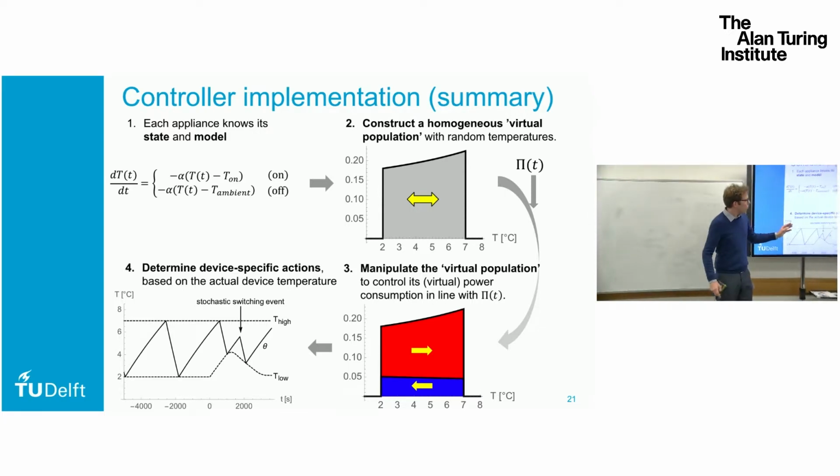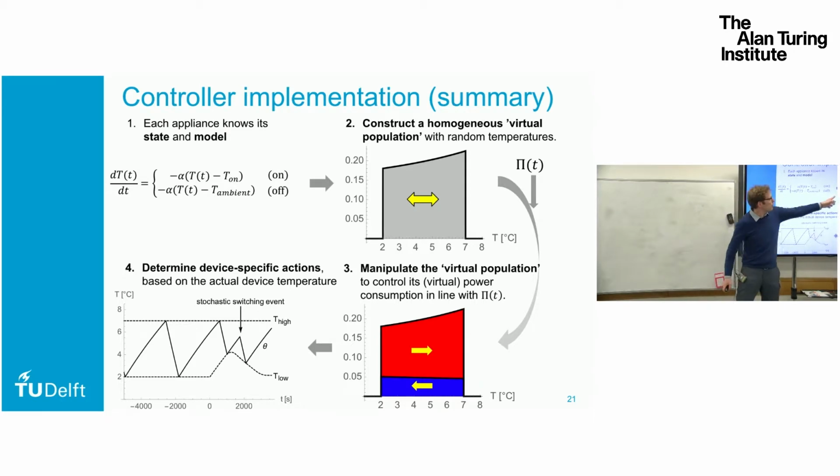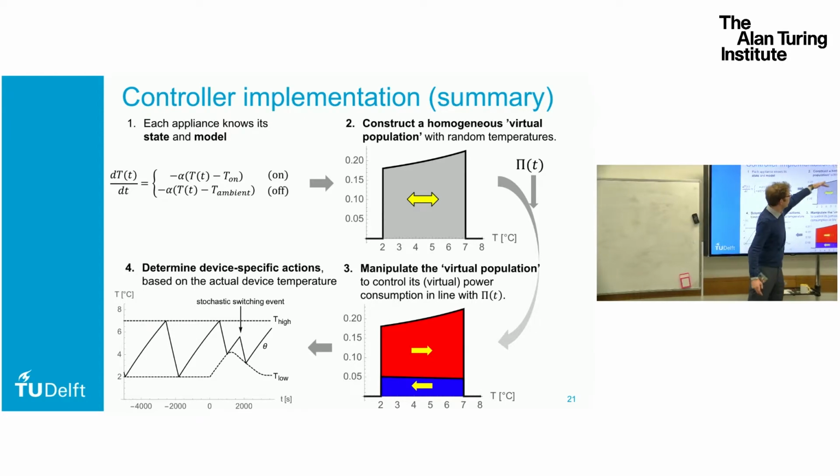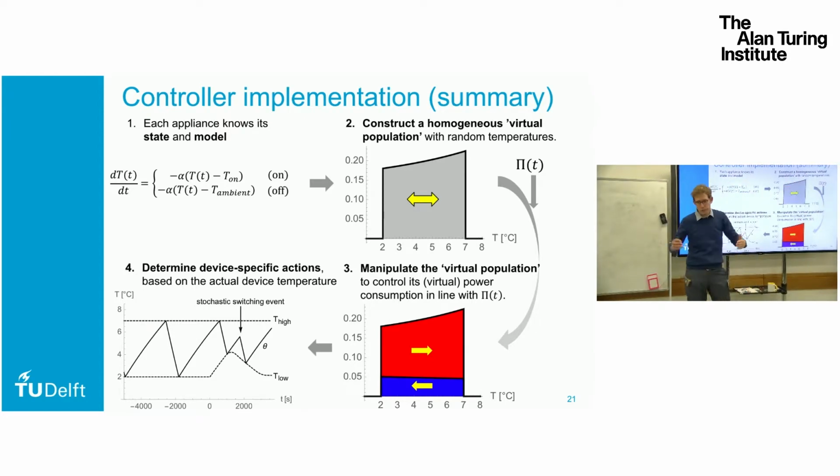Then, because every device will construct a different population, right? It has a different model. It will construct a different population. But it will say, well, for my population, fridges that have temperature X should do this. But then another fridge has a very different population. It might have a completely different kind of slope, shape, anything.